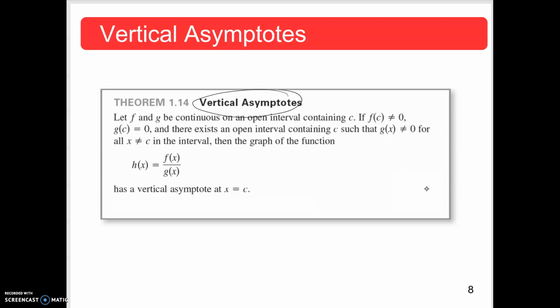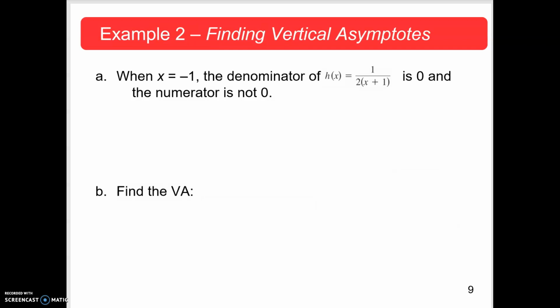It doesn't have the limit in there, right? But it's basically what it's saying. If g of x equals 0, there exists an open interval, let f be continuous. If there's some value that makes the denominator 0, that's a vertical asymptote, provided that that is not true for the numerator. Okay, so let's try and make sense of that.